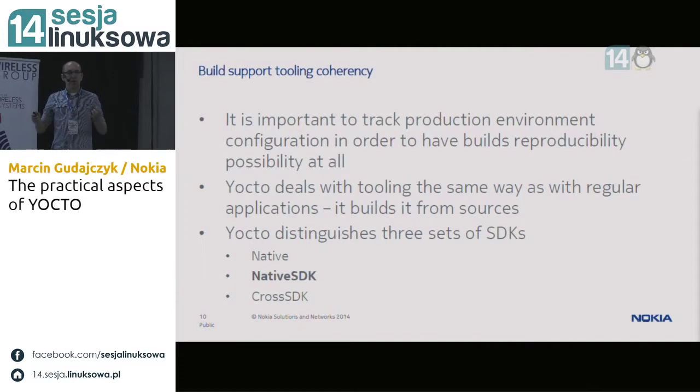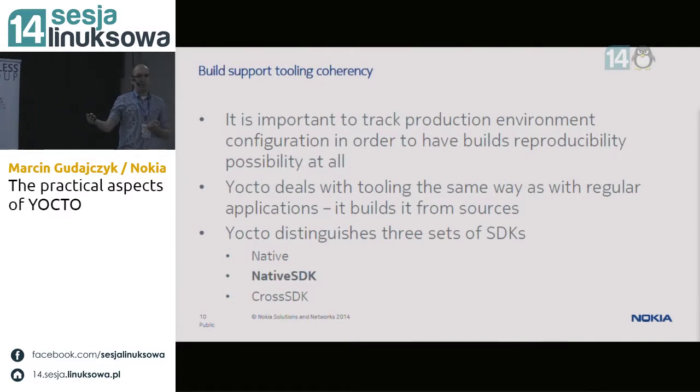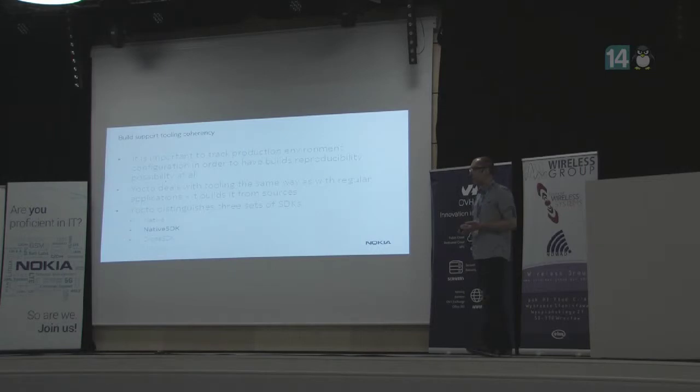So when we have the meta delivered, the meta represents the recipes containing instructions on how to build our application, how to build the distribution, and how to build the SDK. So Yocto distinguishes three types of SDKs. There's the native SDK and the cross SDK. The one we are speaking about now is the native SDK, the one which is generated alongside the application. Okay?